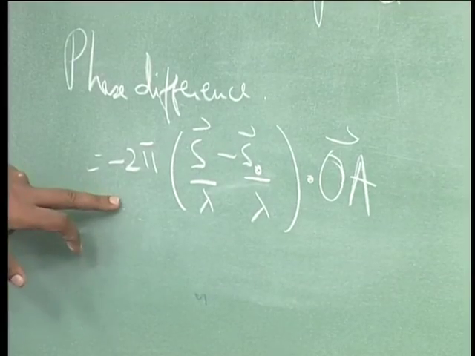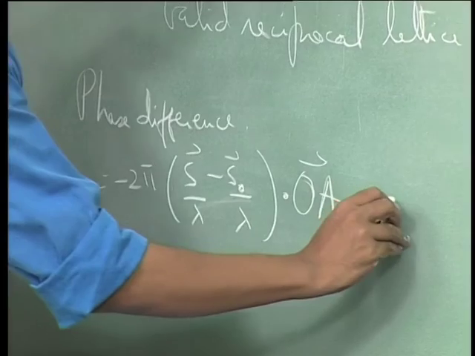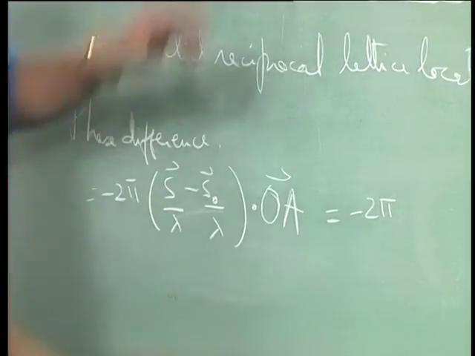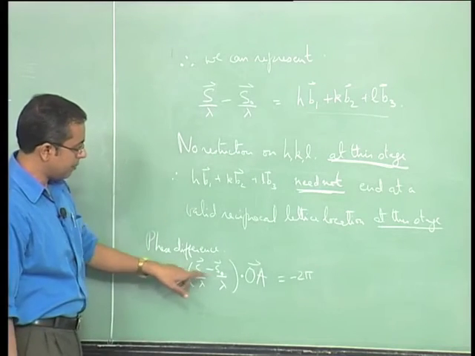So this is what our phase difference is, therefore this is equal to minus 2 pi times S by lambda minus S naught by lambda.